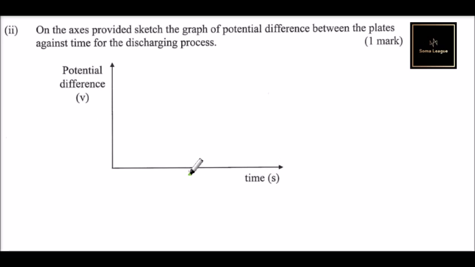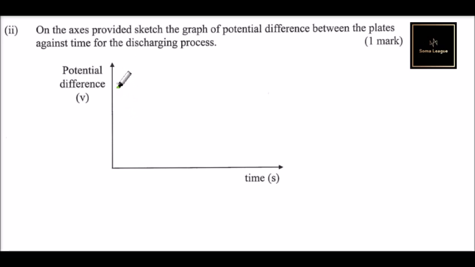To explain this, we say, as charge flows from one plate to the other through the resistor, as we have seen in the previous part, the charge is neutralized, and so the current falls. The rate of decrease of potential difference also falls. Eventually, the charge on the plate is zero. Also, current and potential difference are zero. We say that the capacitor is fully discharged.